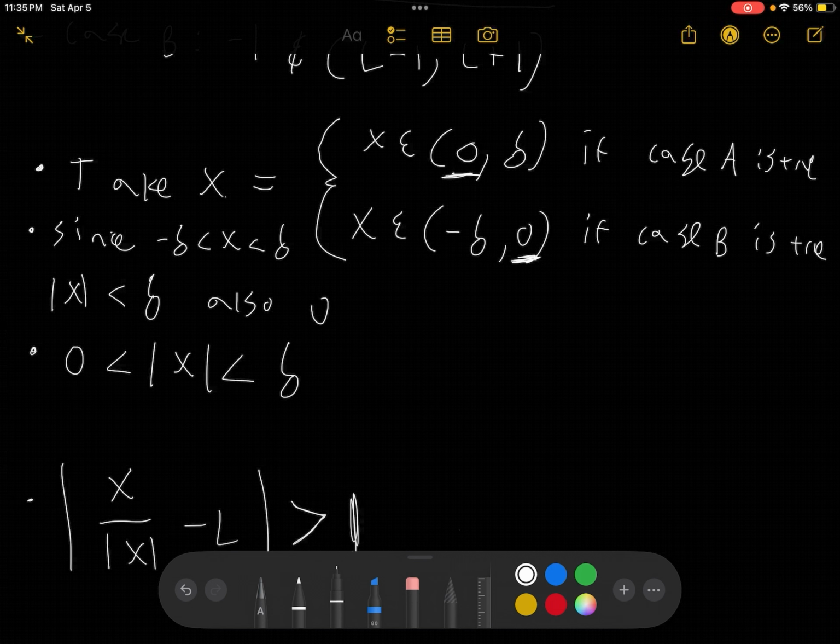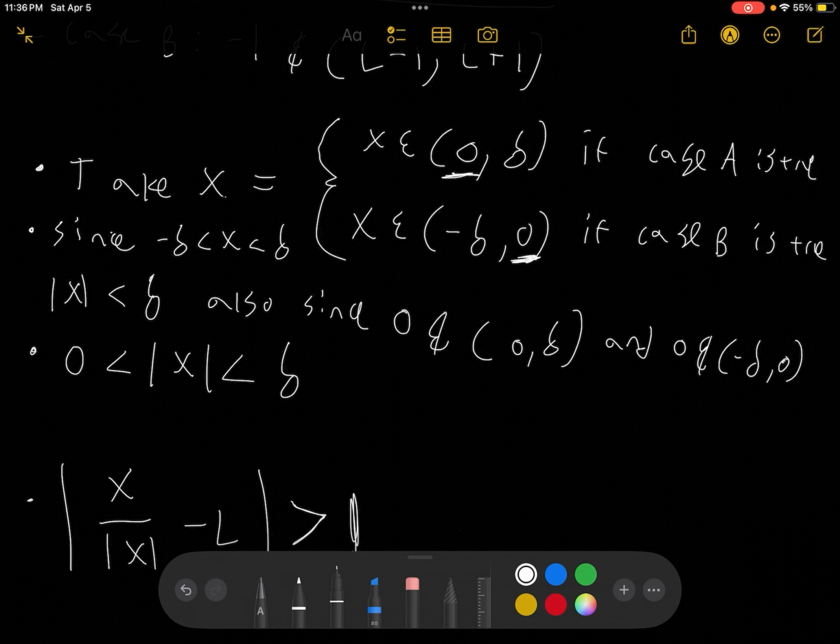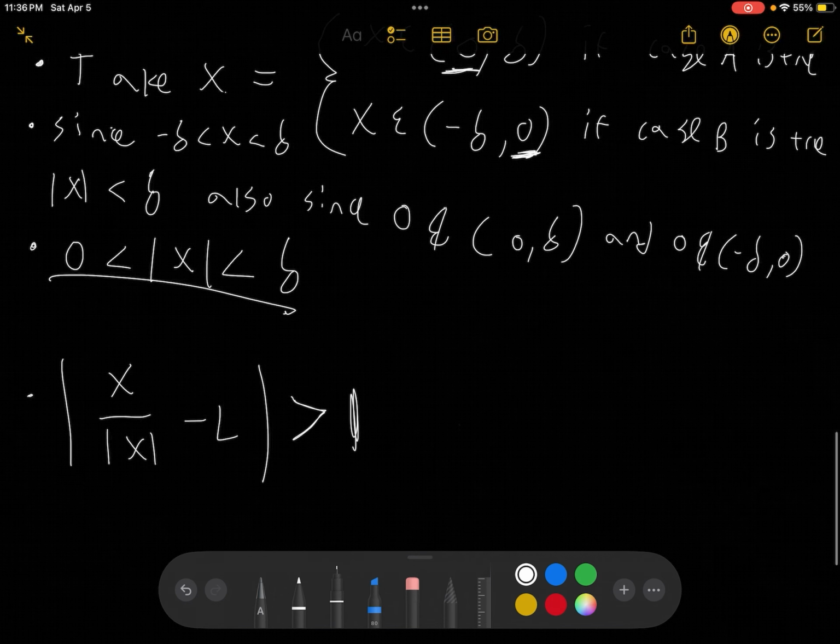So we can say that also since 0 is not an element of 0 to delta open, and 0 is not an element of negative delta 0, then we know that the absolute value of x is going to be greater than 0. So that proves the first inequality.